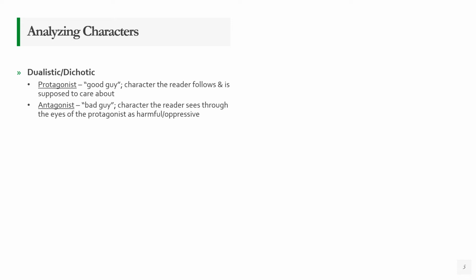They are two sides of the same coin. They are two sides of an argument or a conflict of some kind. So the good guy is usually looking at the bad guy as someone who is working against them somehow. And again, this is not always so simple as calling the protagonist a good person and the antagonist a bad person. It's not always that easy.